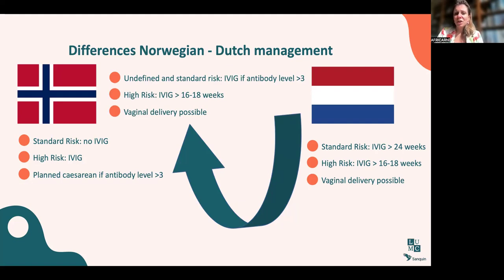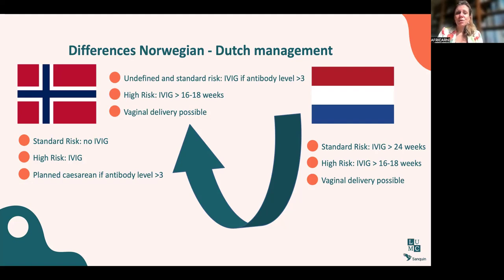So lately we changed our management, and we are still a bit more defensive than the Norwegian colleagues, but we give IVIG if the antibody levels are above 3. So if the antibody levels are not high, we don't give IVIG.